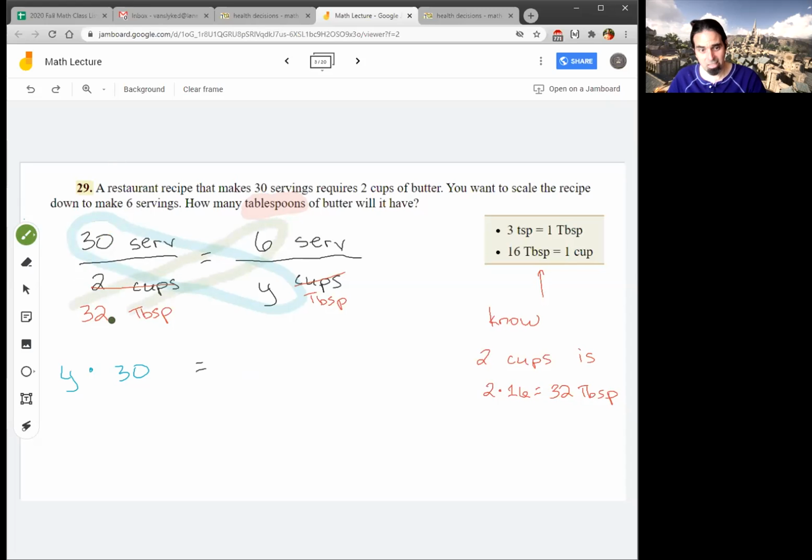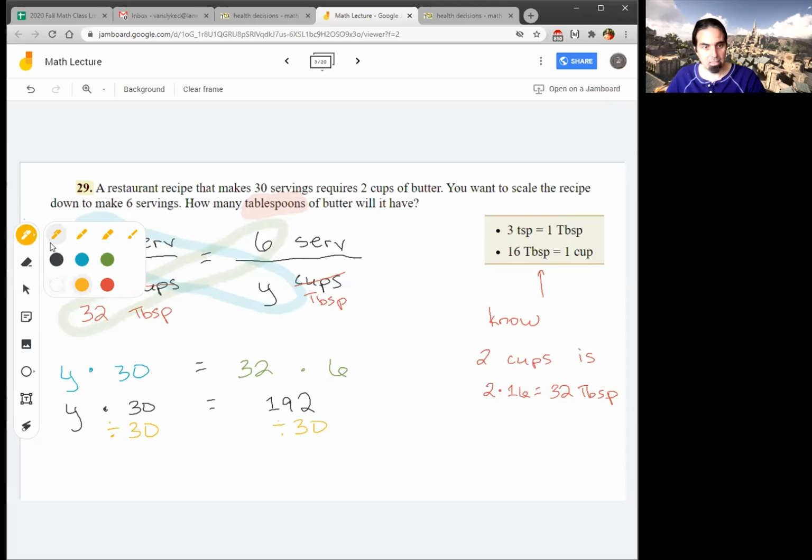Now it's 32. Okay. We have a times 30, so the opposite is going to be divided by 30. And we get 6.4.